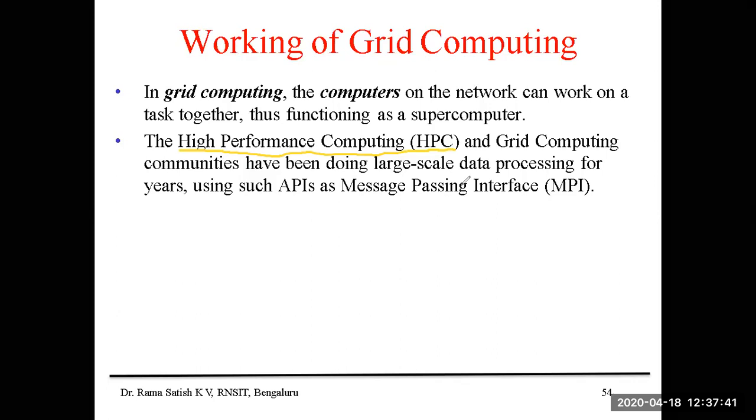Grid computing communities have been doing very large data processing for years. For many years it was a successful technology using APIs such as the Message Passing Interface, MPI. This application program interface is used to pass messages from one computer to another computer.